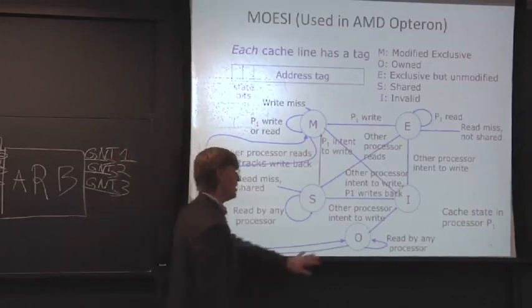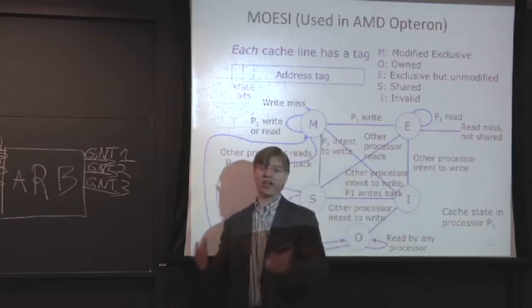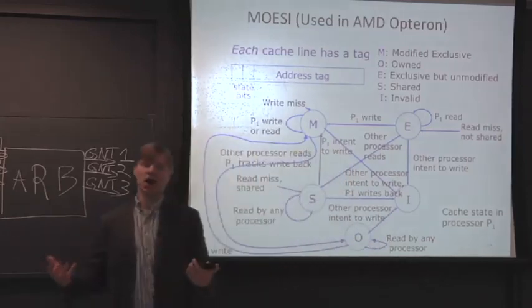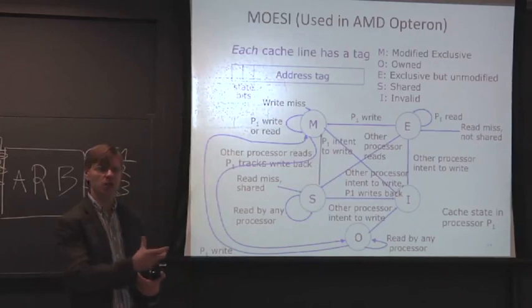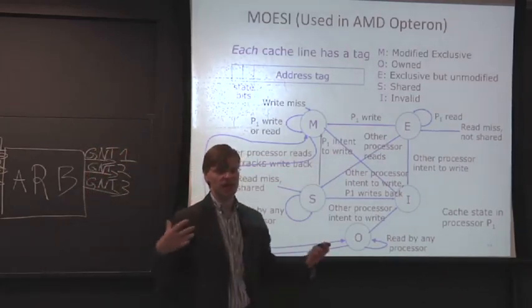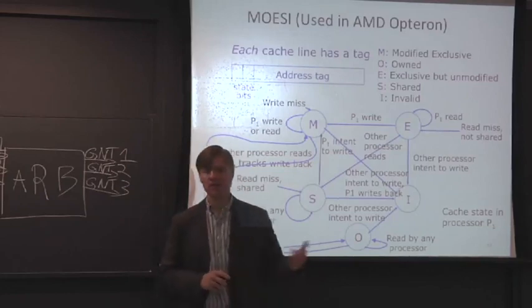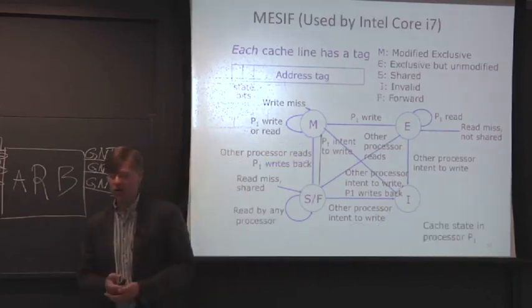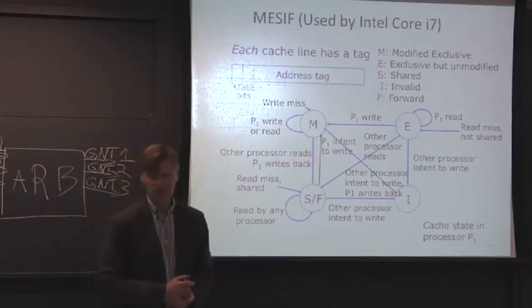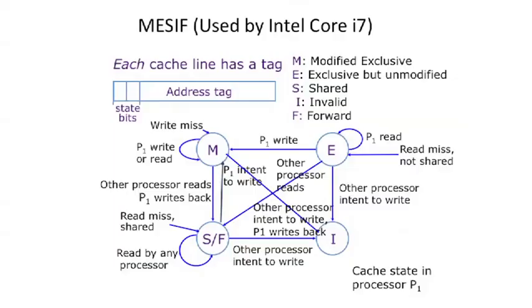And this owned state is an optimization which allows you to do cache-to-cache transfers and effectively track who has the most up-to-date written data, versus having to always write everything out to main memory and do memory-to-main memory transfers. And we'll also talk a little bit about MESIF, which is something that they use in some of the Intel processors, where they will also split the shared state into another state beyond MESI.